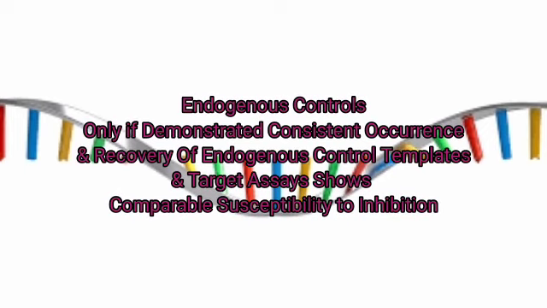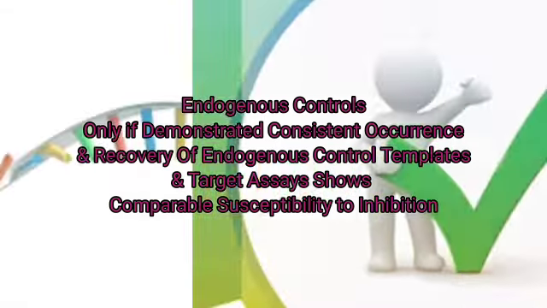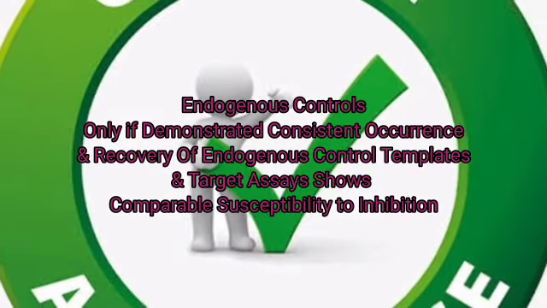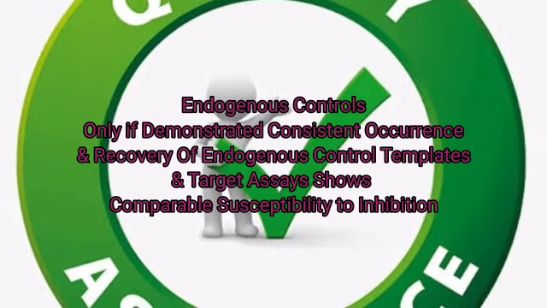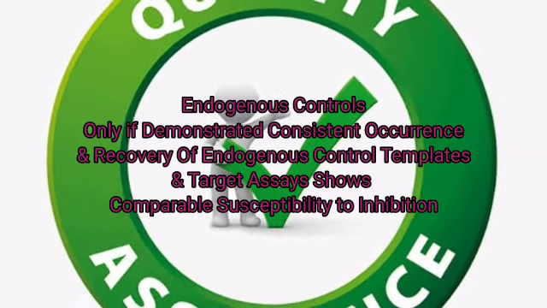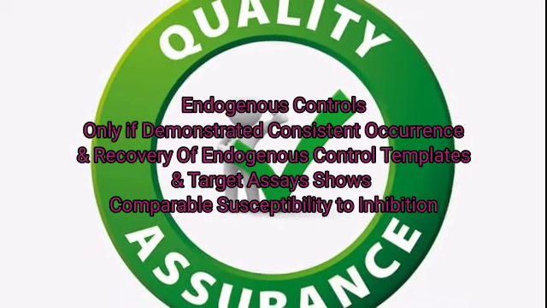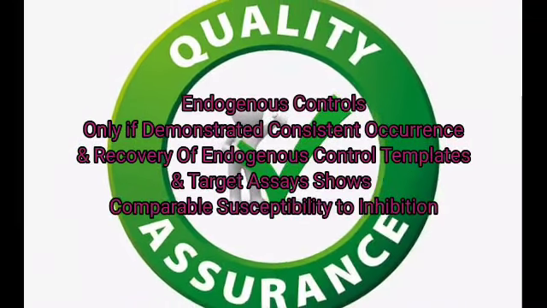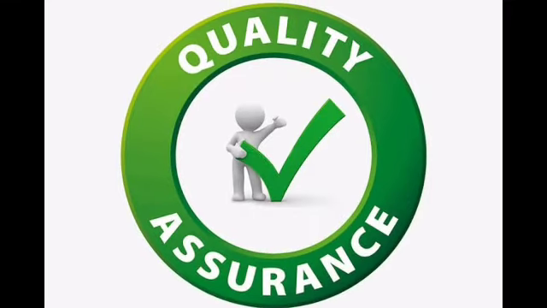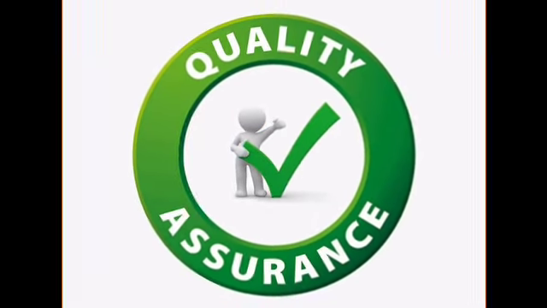These controls should be used only if it is demonstrated that there are consistent occurrence and recovery of these endogenous control templates in different samples, and if the control and target assays show comparable susceptibility to inhibition in different matrices. They are commonly used for analysis of clinical samples.